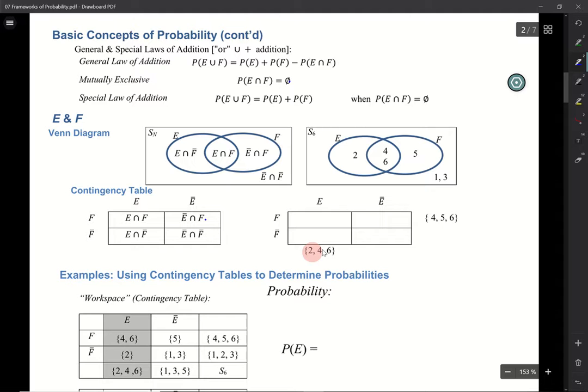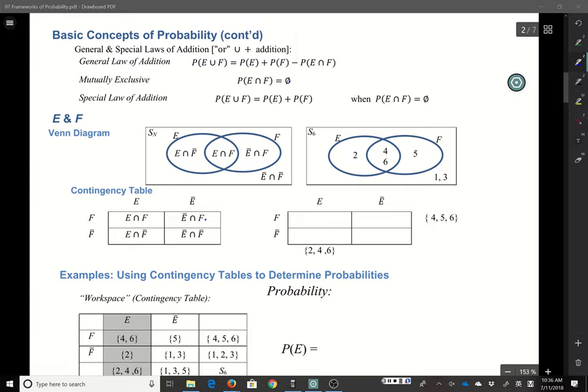So what's the intersection between 2, 4, 6 and 4, 5, 6? You can see the intersection would be 4 and 6. So you should say 4, comma 6 over there.